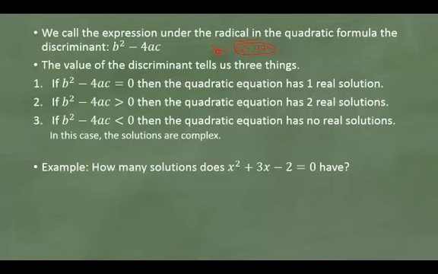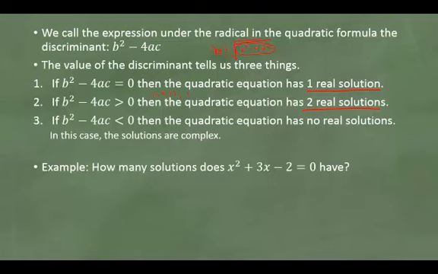If all of that on the inside of the square root sign was equal to 0, then the quadratic equation only has one real solution. If all of that on the inside is bigger than 0, if it's something like 150 or 12 or 1, anything, then you know you have two real solutions.